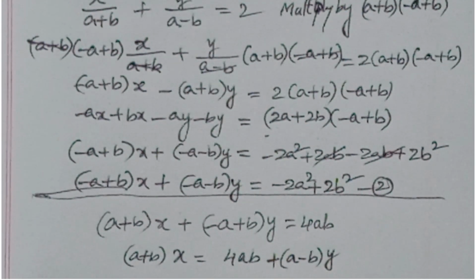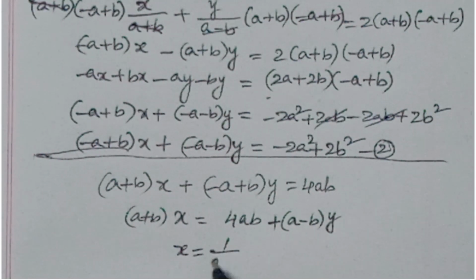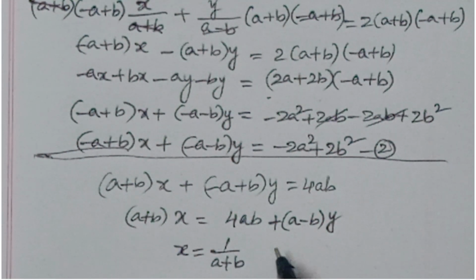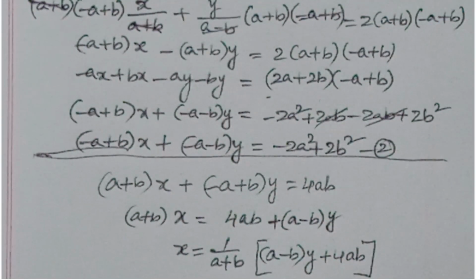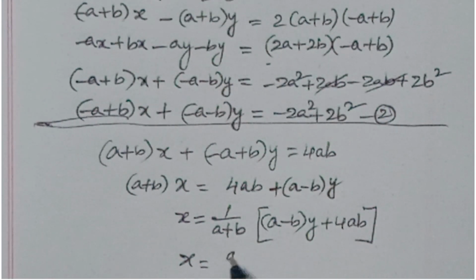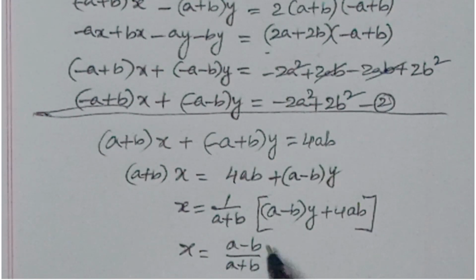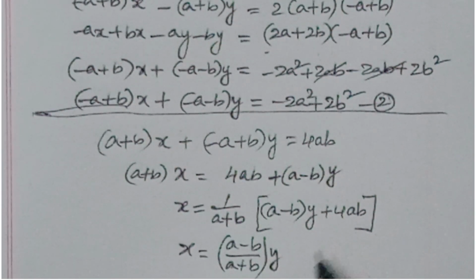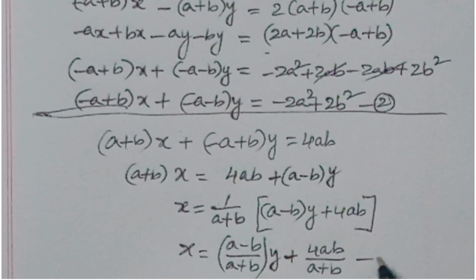So x = 1/(a+b) into ((a-b)y + 4ab). So this can be written as x = (a-b)/(a+b) y + 4ab/(a+b). Let it be 3.